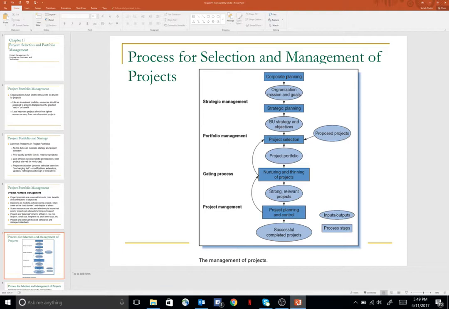In terms of the overall flow of managing projects, what we have here is strategic management, which is senior, what we call C-level objectives, set for the organization.